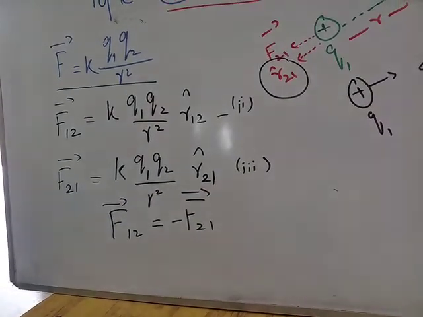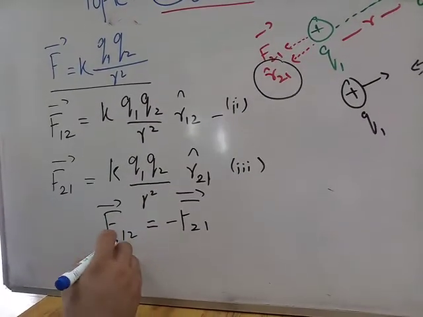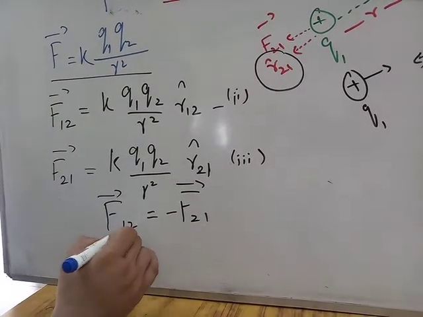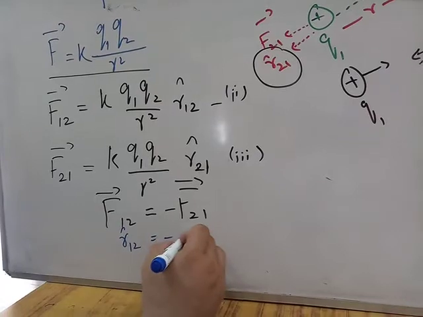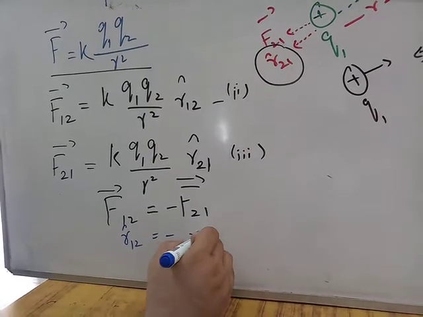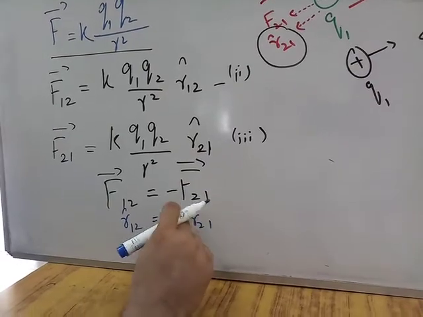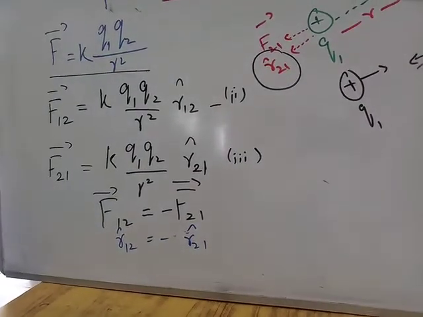And if these two forces are equal and opposite, their unit vector R12 is also equal and opposite to R21. So this is by Newton's third law.